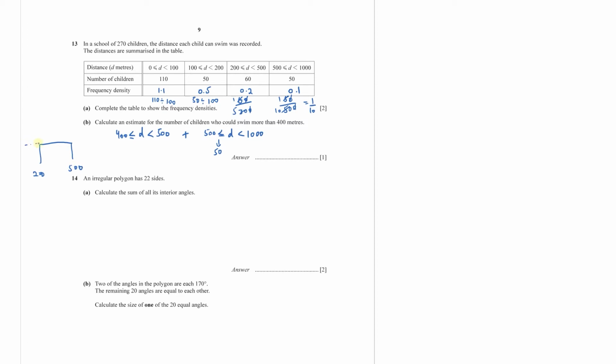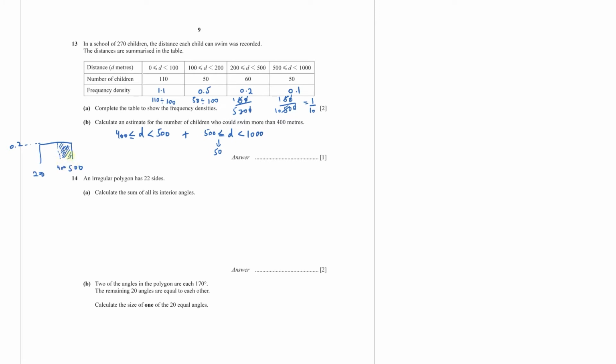Your height was 0.2. But you're only interested in the number of students between 400 and 500. So you want to find the area of this bar only between 400 and 500, rather than the full area of the bar in the histogram.